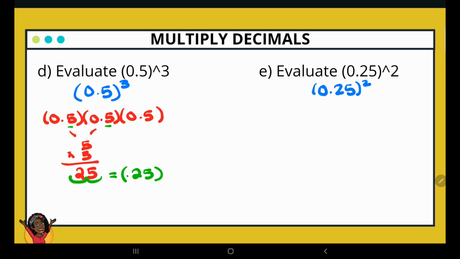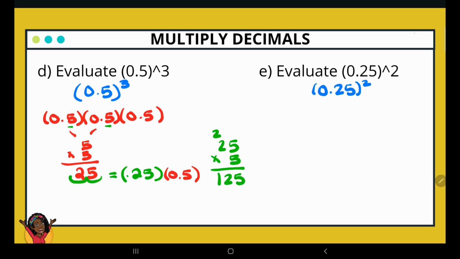Okay. So now we're going to bring down the third 0.5, and then we're going to multiply again. I'm going to rewrite these two numbers without the decimal. So that's 25 times 5. 5 times 5 is 25. 5 times 2 is 10, plus 2 is 12. So the product of 25 and 5 is 125.